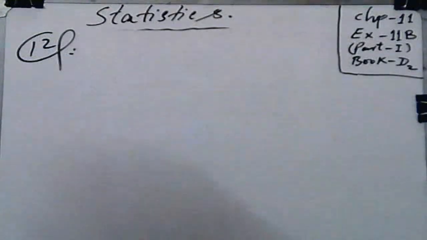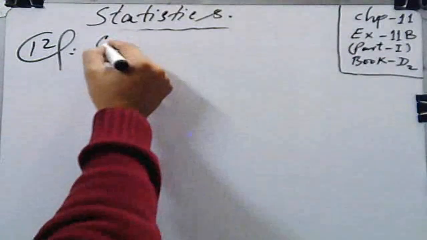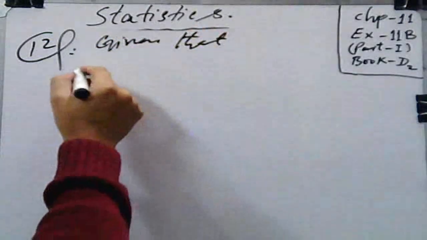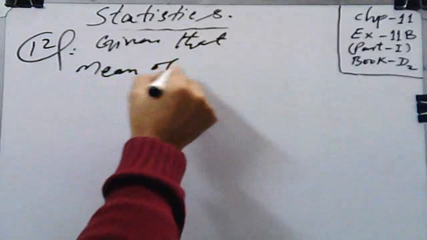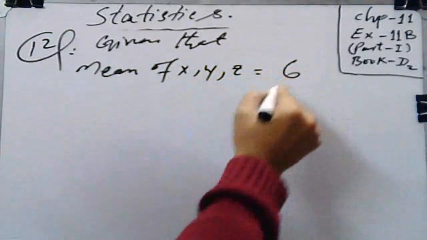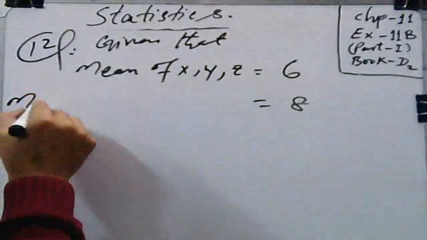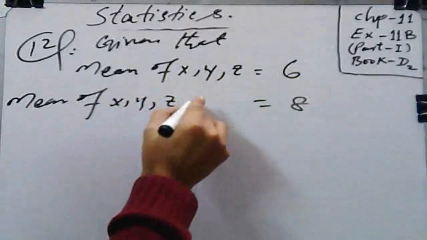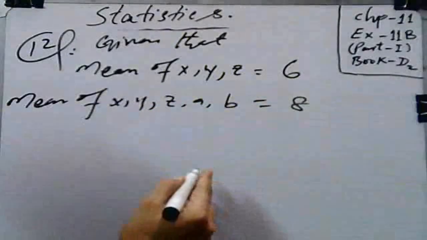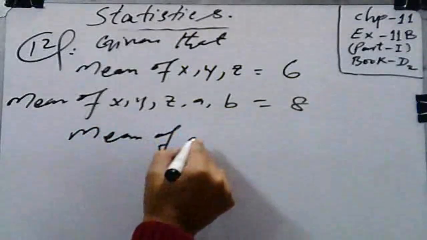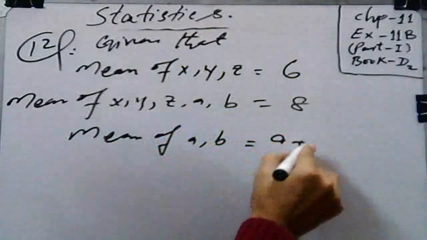So the mean of x, y and z is equal to 6, and the mean of x, y, z, a and b is equal to 8. What we have to find is the mean of a and b, that is a plus b divided by 2. We have to calculate this one.